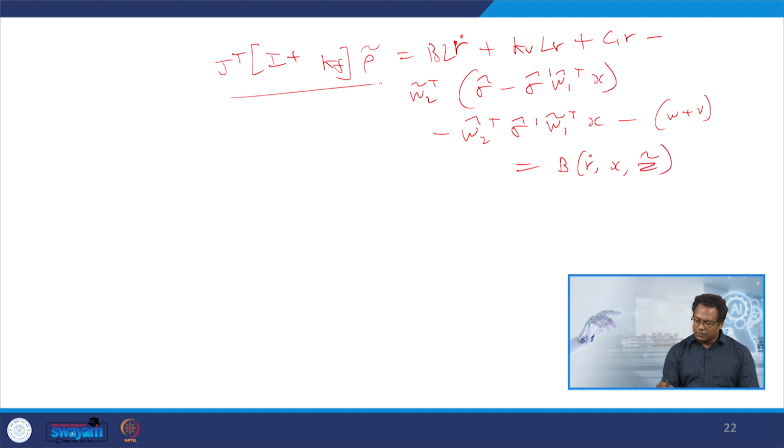So, now I am equating this to this B. So, now you can say that from this equation rho tilde equal to B.